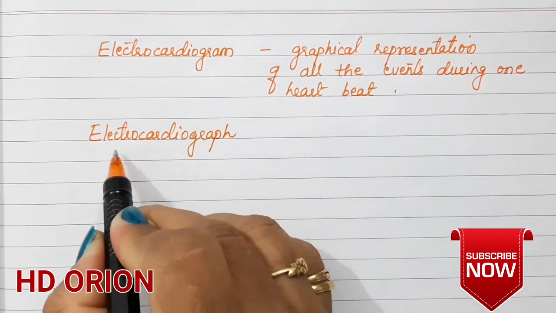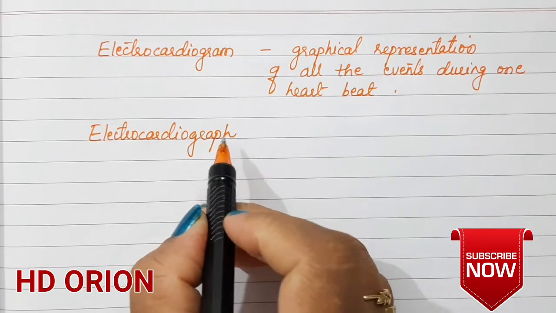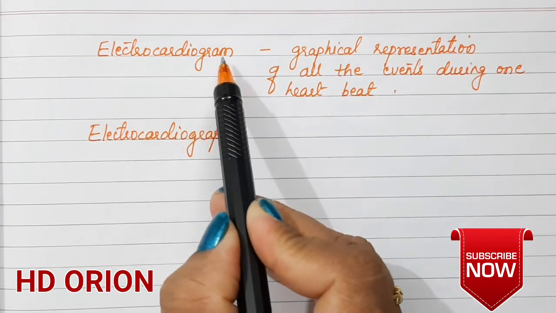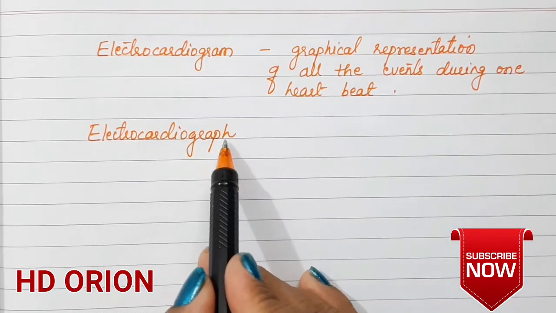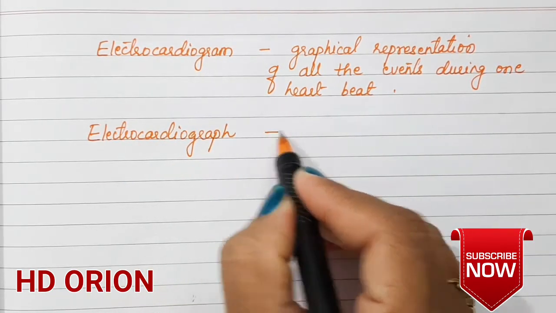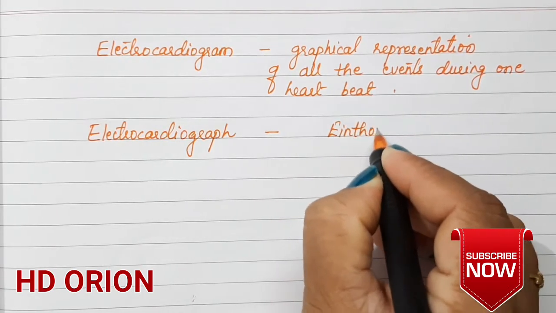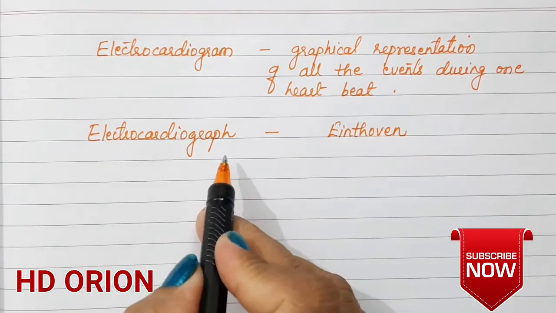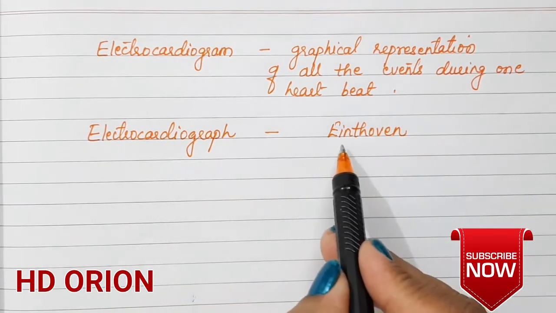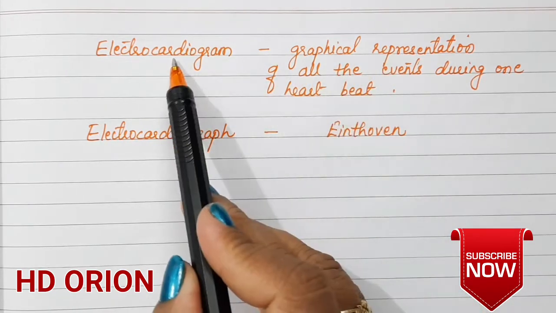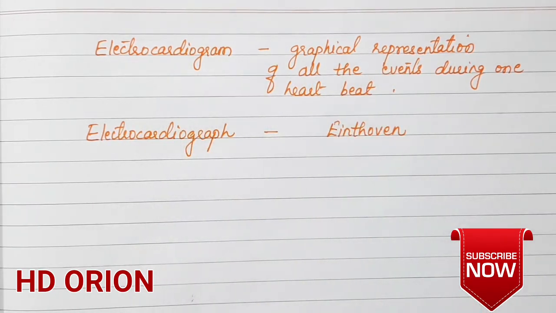So the machine is actually the electrocardiograph, but the graphical representation that we obtain in the form of a paper is the electrocardiogram. The electrocardiograph is the machine which was invented by Einthoven, and it gives a graphical representation called EKG or ECG, and if there is any irregularity, it is recorded in this graphical form.